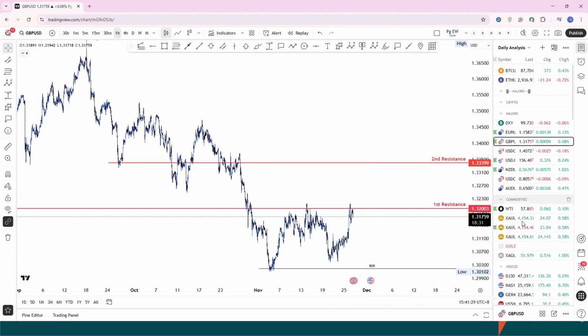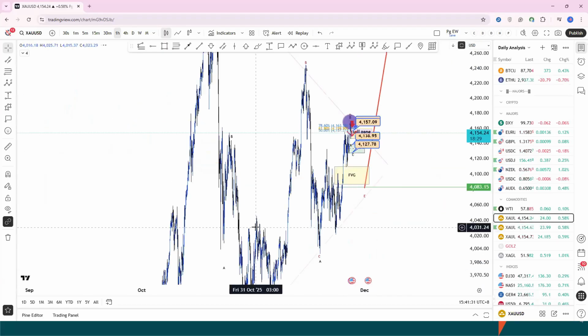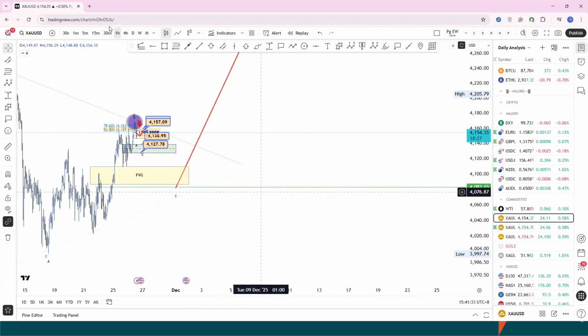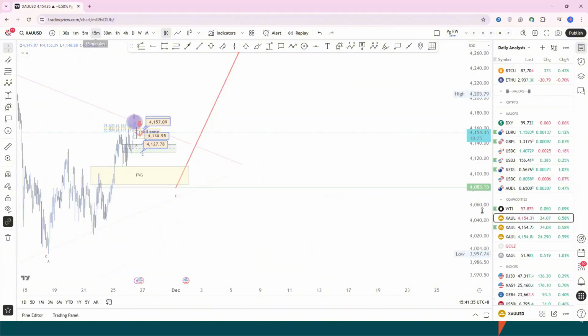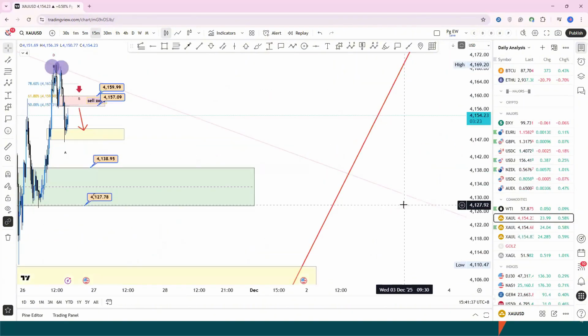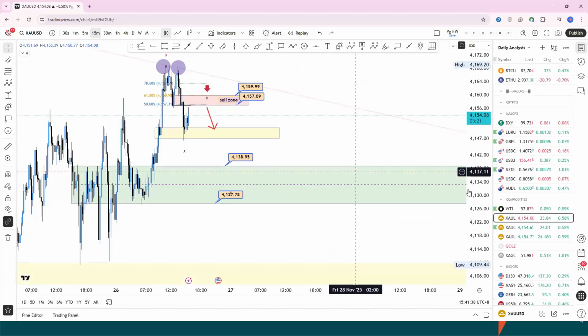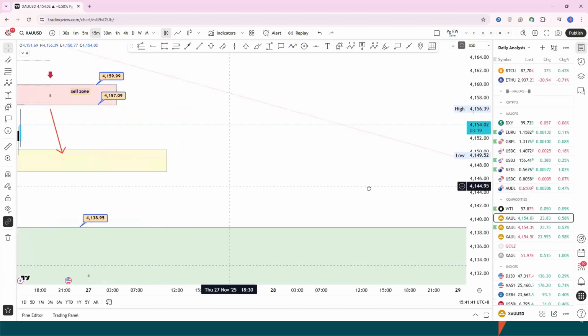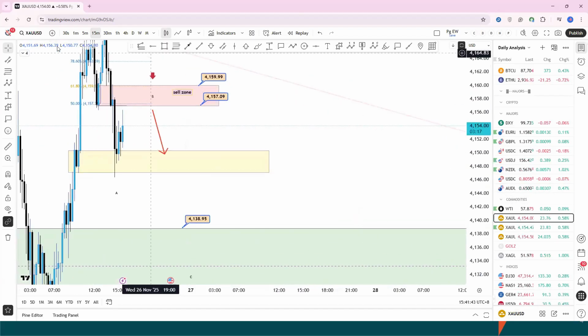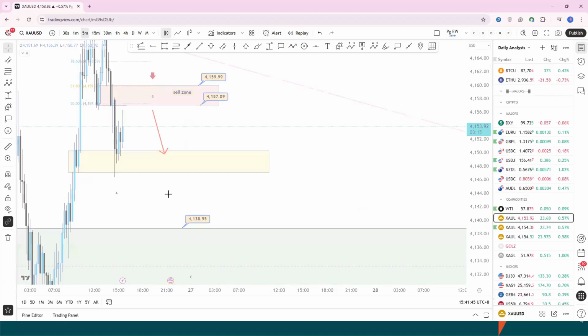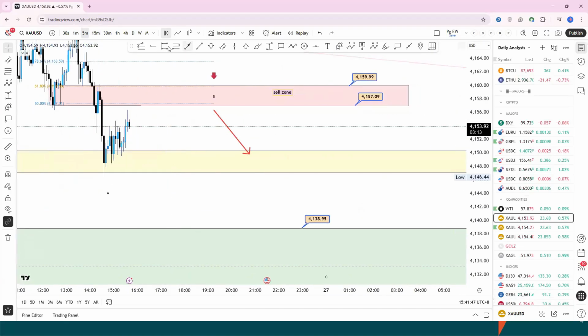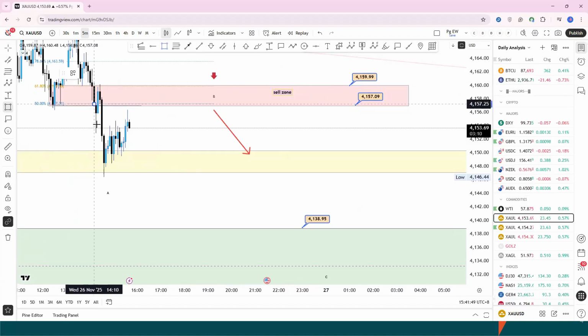Okay, we'll go back to go again. Oh, it's almost touching, but why did they bounce from here? Oh, okay. This one used to be our OB.